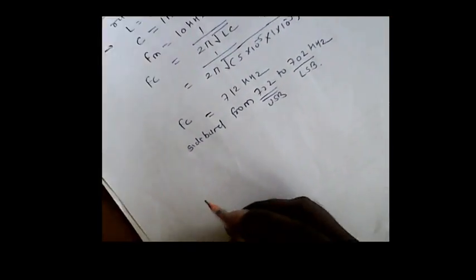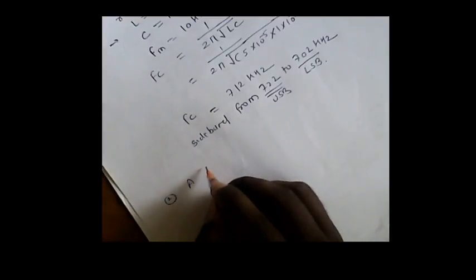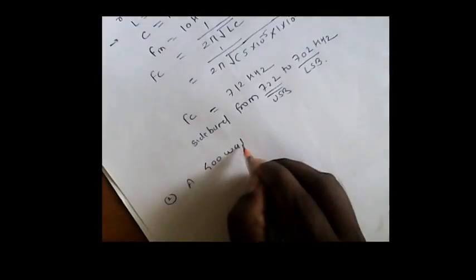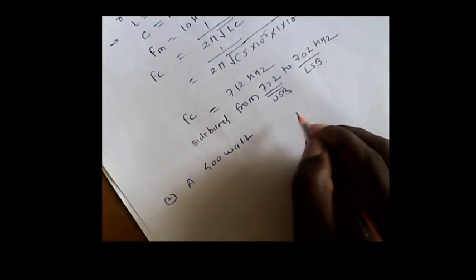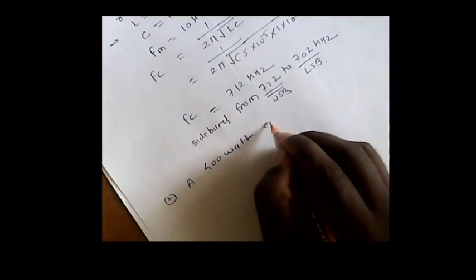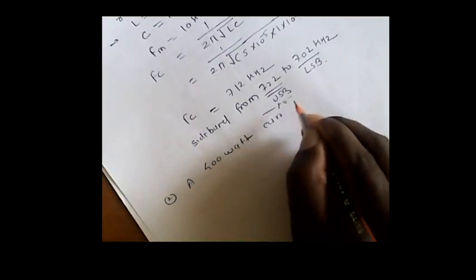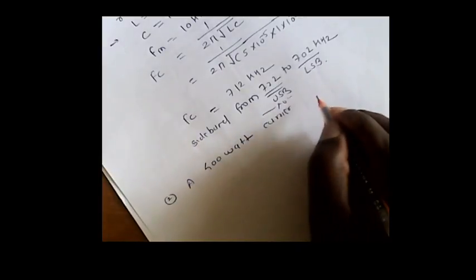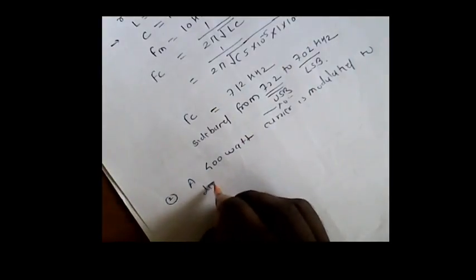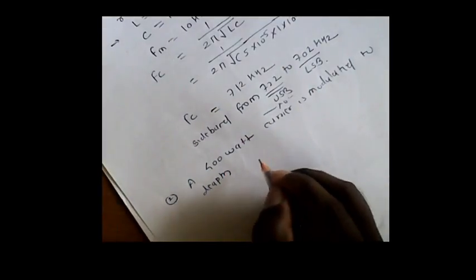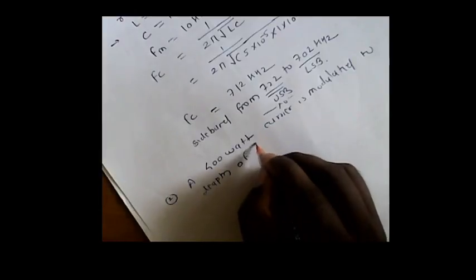So second numerical: a 400 watt carrier is modulated to a depth, modulation index, of 75%.